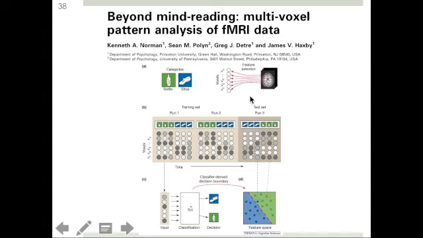So this multivoxel pattern analysis of functional MRI data has been used to tell apart, for instance, the difference between brain activity during the visualization of different objects, right? You can present a bunch of different objects to the brain, let's say bottles and shoes. Every time the brain is seeing a bottle, it's showing this pattern of activity, but every time the brain is looking at shoes, it's showing that pattern of activity.